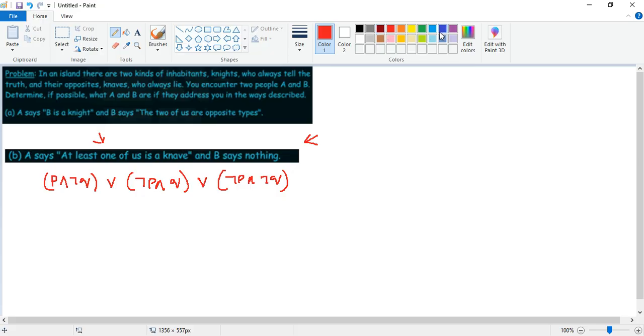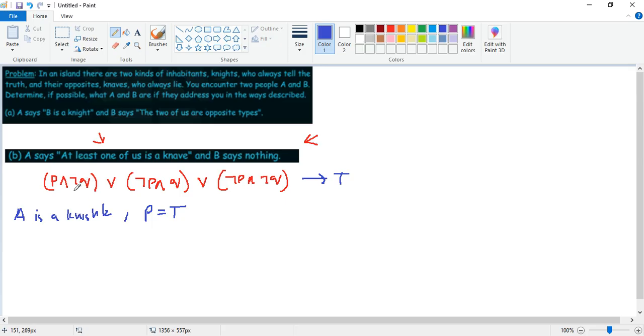Now we assume that A is a knight. If A is a knight, then P is true, and what A says should be true. We'll see if it can be true. B says nothing, so we don't have to worry about that.